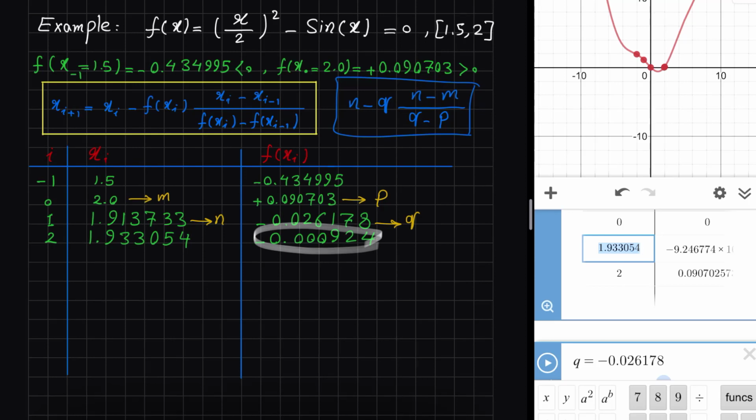And if we continue for the third iteration, I'm not gonna use the calculator, I'm just gonna give you the values.